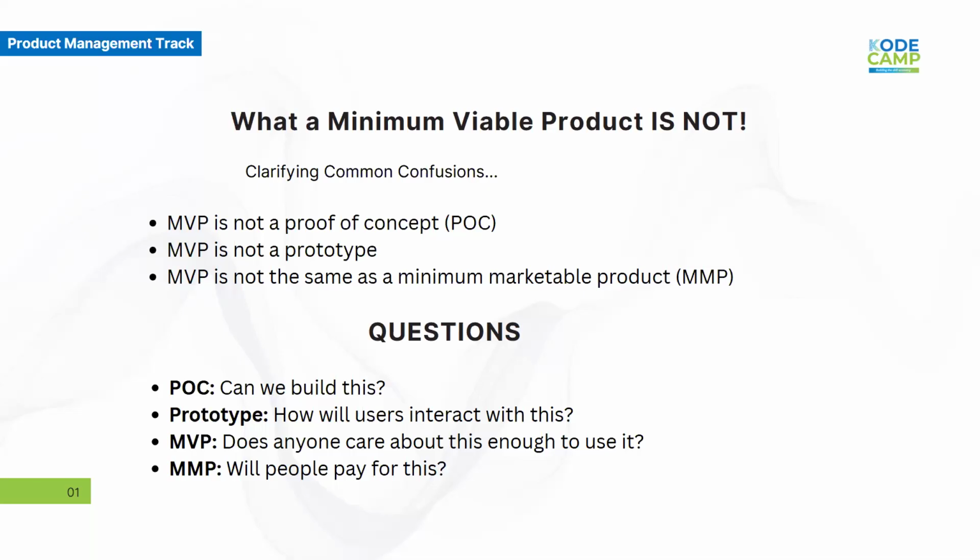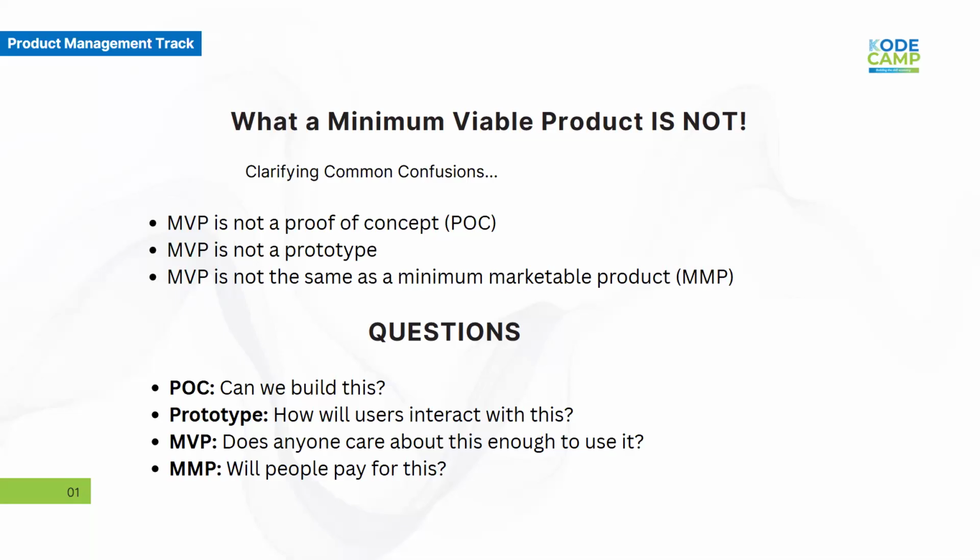A prototype can be as simple as a paper sketch or as complex as an interactive Figma model, right? But its goal is to test the design, not necessarily the viability of the product idea itself, right? I hope we got that.